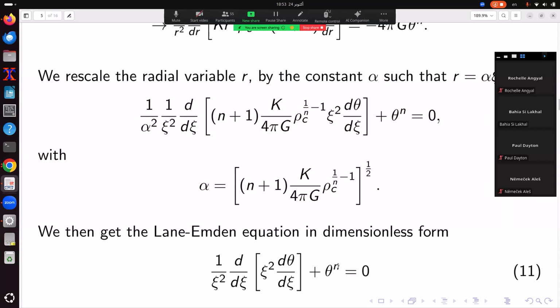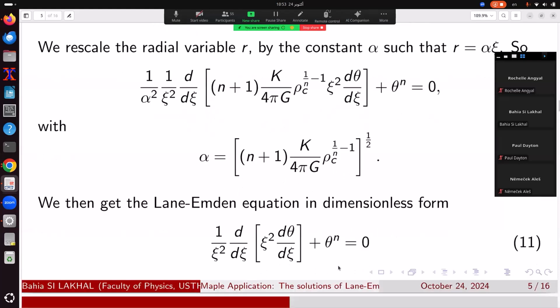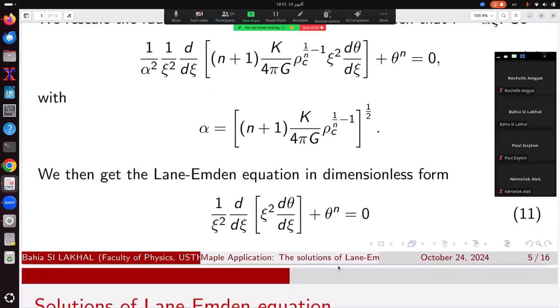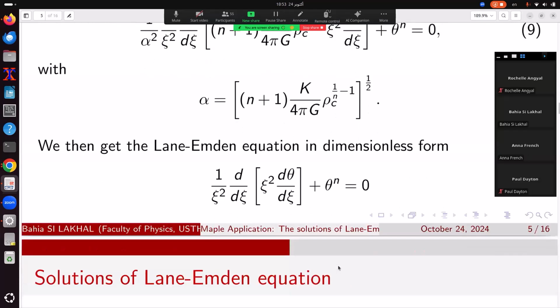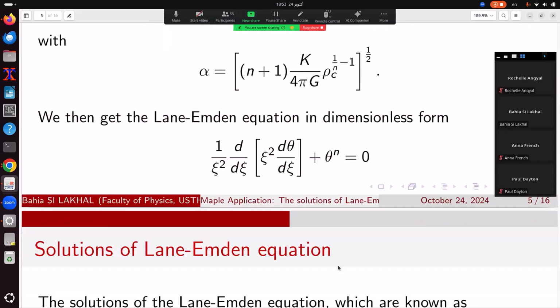So now we are ready to solve this equation using Maple software. We will get a solution for every value of n.